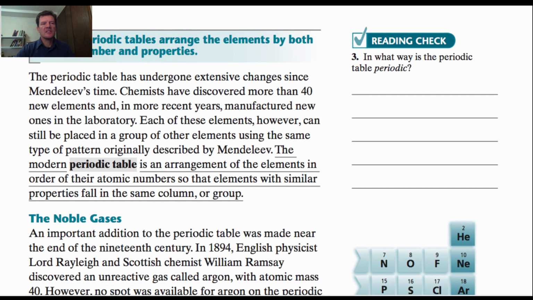All right, so today our modern periodic table arranges the elements by both the atomic number and the properties. That atomic number is the number of protons, remember? And the properties end up falling into place as we see the similar properties and we put them in the same column.